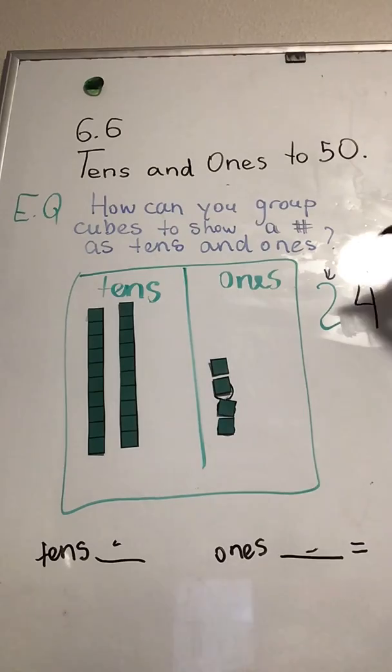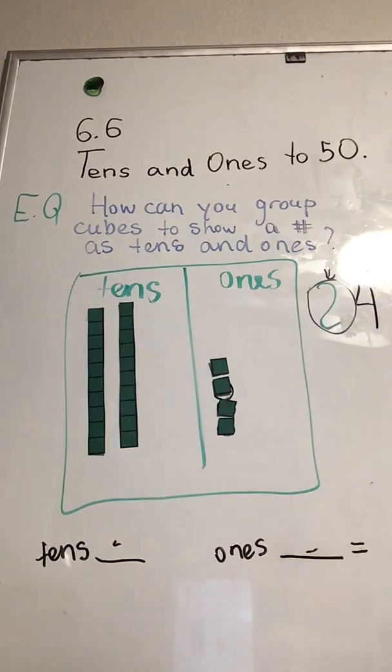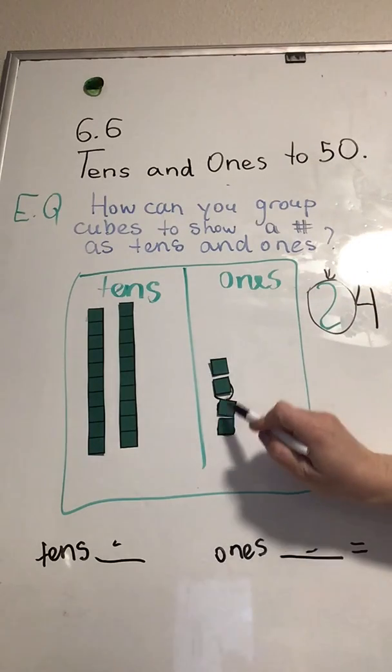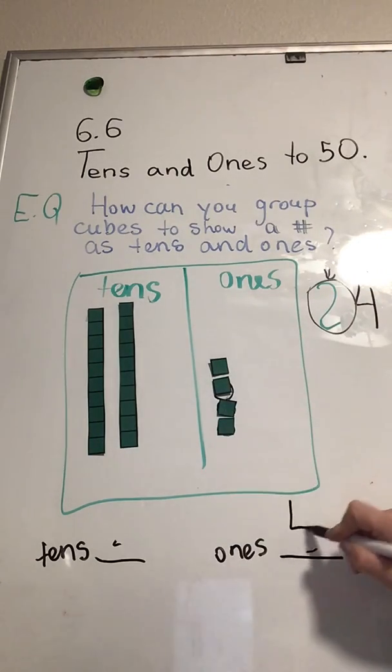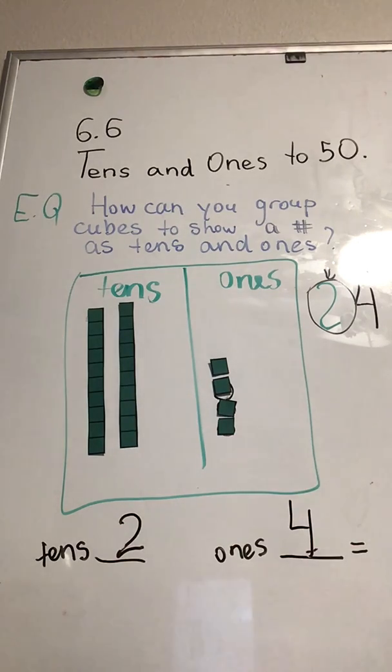So where 2, as I said, is your tens. And where your 4 is the ones. 1, 2, 3, 4. So 4 ones, 2 tens. The number is 24.